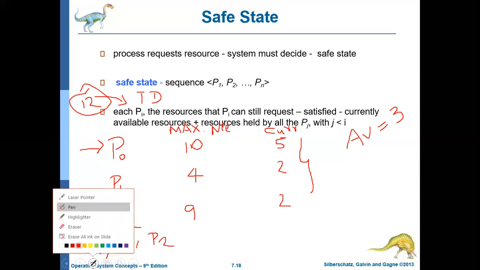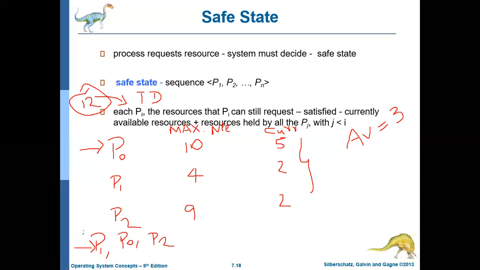We identified this sequence as safe, and it ensures the system will not enter a deadlock. So if P0 asks for one more tape drive, the operating system should not give it; it should ask P0 to wait. Similarly, if P2 asks for 2 more tape drives, the operating system should not give them, even though it has them, because that is not the safe sequence. Only if P1 asks should it give.